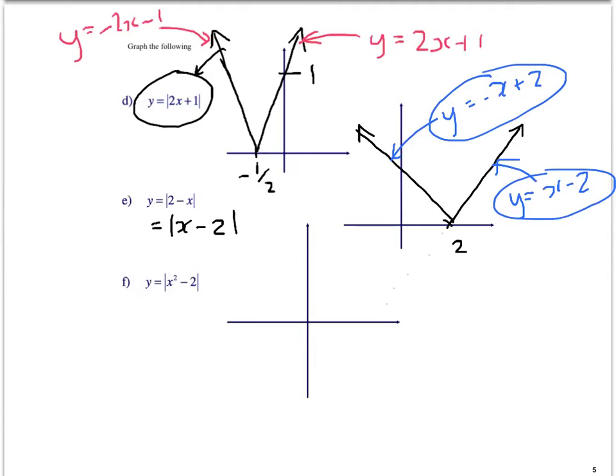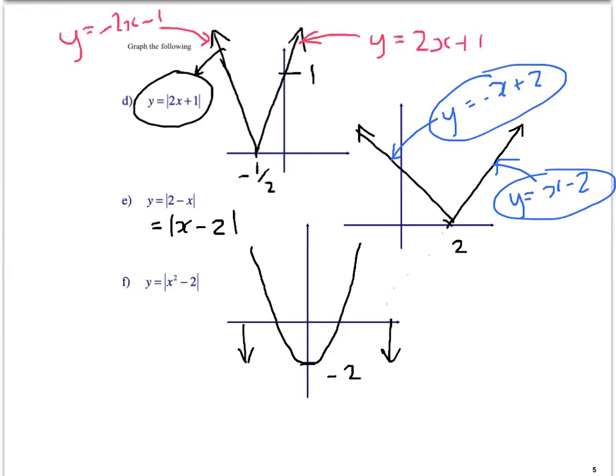Okay, and the last one here on this page is the modulus of x squared minus 2. Well, the graph of x squared minus 2 would be a parabola. That would do something like this, and it would be sitting down here at minus 2. When we've got the modulus, that just means anything that's negative, or in this case below the axis down here, is just going to be made positive.